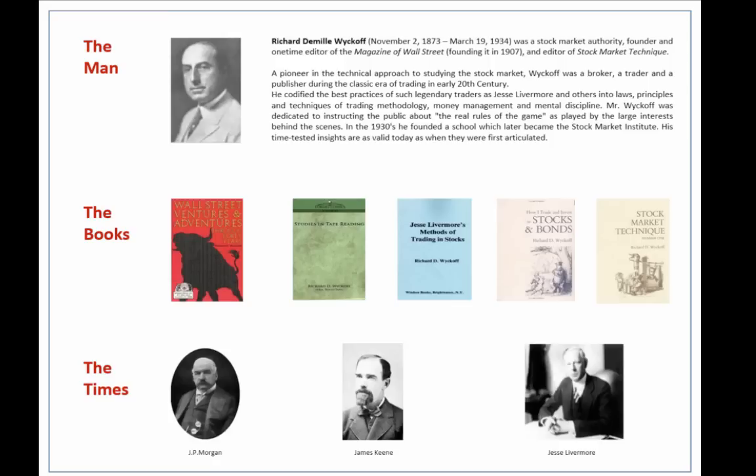He also was a contemporary to great campaign operators like Jesse Livermore or James Keene or J.P. Morgan. He had an access to Jesse Livermore and James Keene, and what he's done is he codified a lot of the principles that those great campaign traders used in their investing and trading.